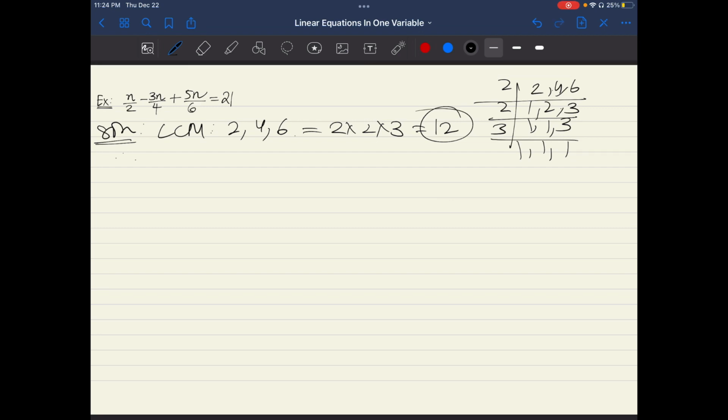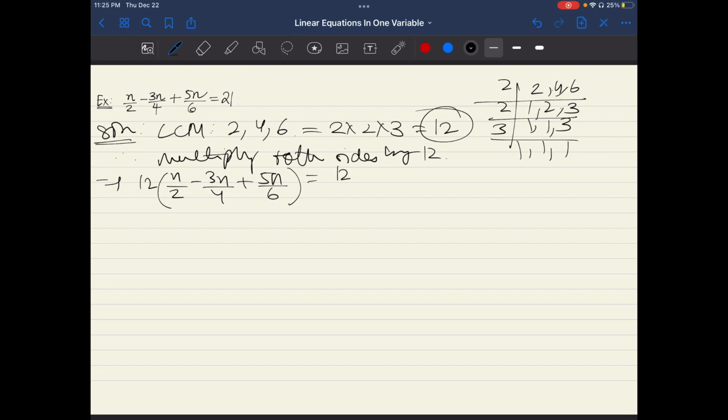Therefore, let's start with multiplying both sides by 12. We get 12 times (n over 2 minus 3n over 4 plus 5n over 6) equals 12 times 21. We have 6n minus 9n plus 10n equals 12 times 21.